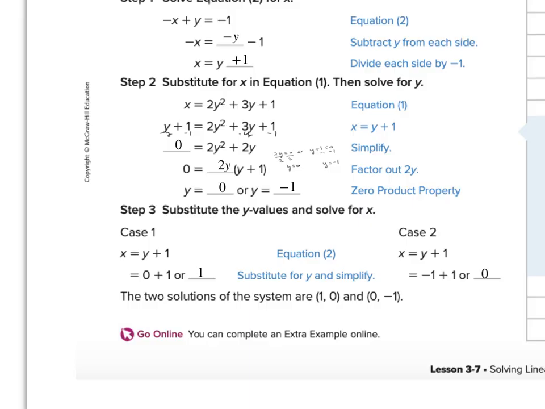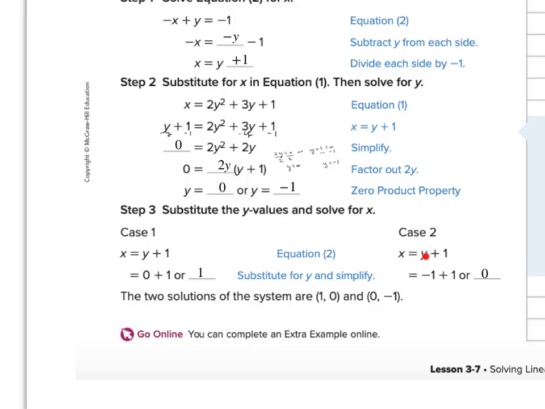When y is equal to 0, x is equal to y plus 1, so 0 plus 1 is 1. So the ordered pair there would be 1, 0.